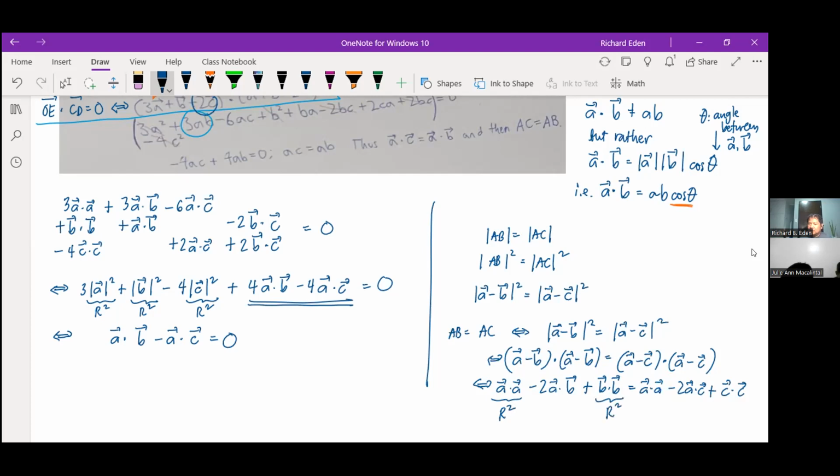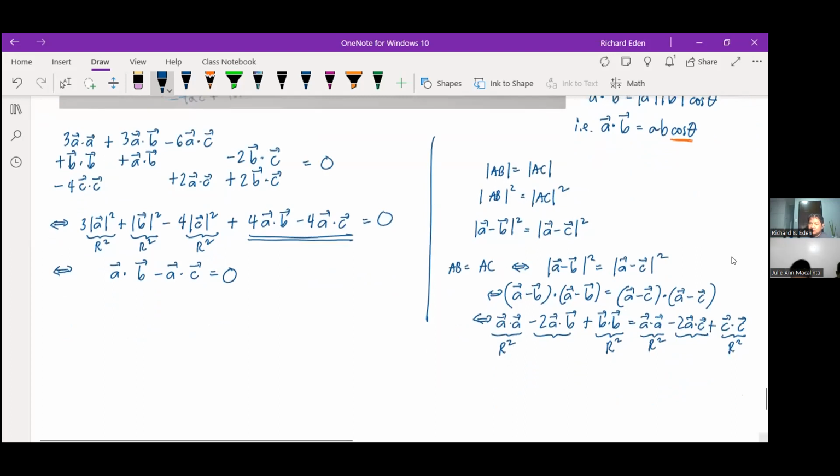This is also the square of the circumradius. So the only thing that's going to survive would be this, and then that. And then when you divide by -2, you get A dot B equals A dot C, which you recognize to be what we have here.